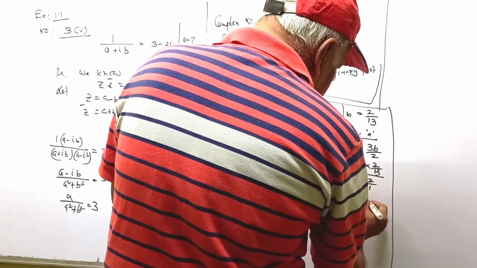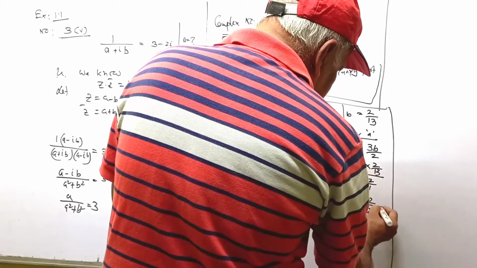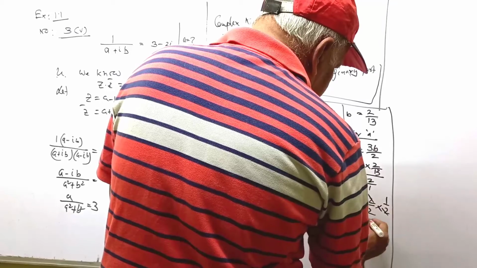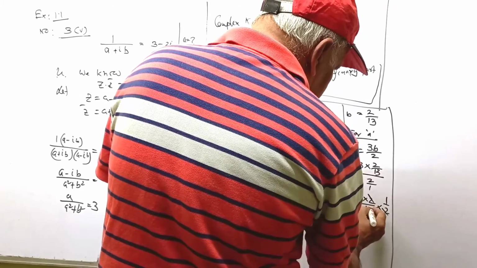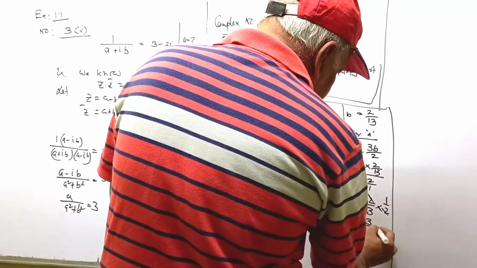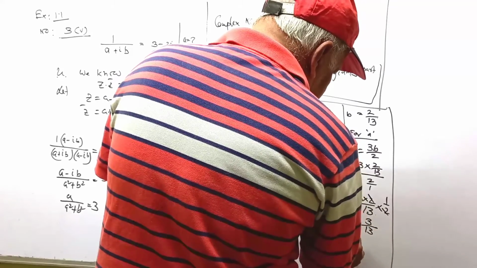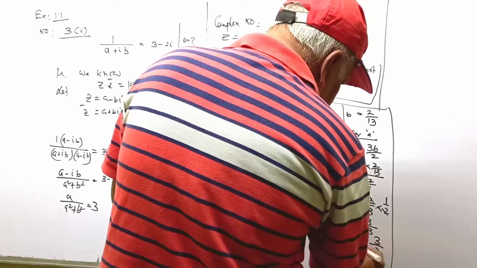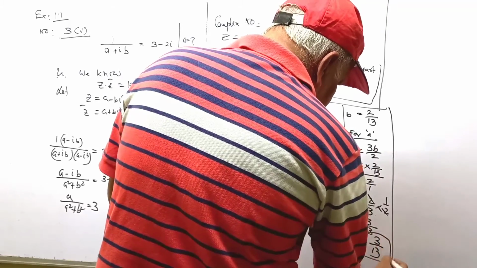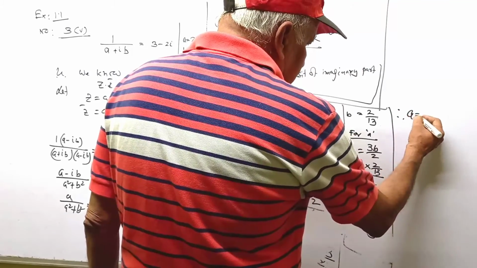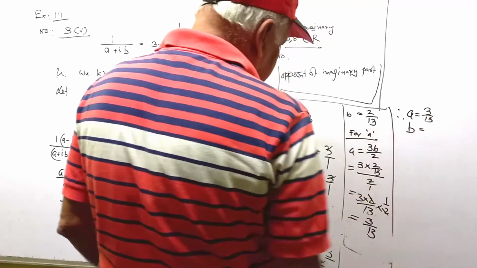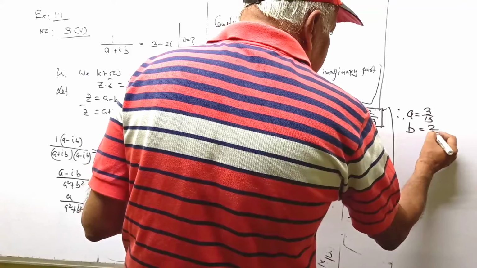So 3 into 2 by 13 into 1 by 2, the 2s cancel, then the answer equals 3 by 13. Hence a equals 3 by 13 and b equals 2 by 13.